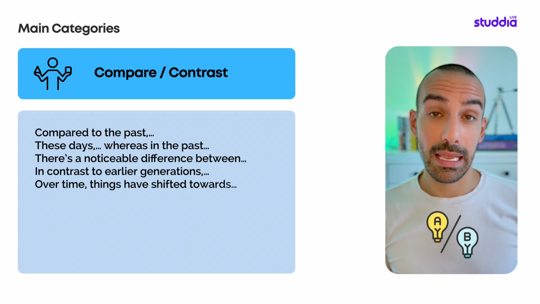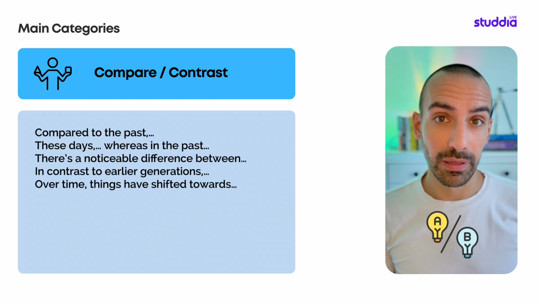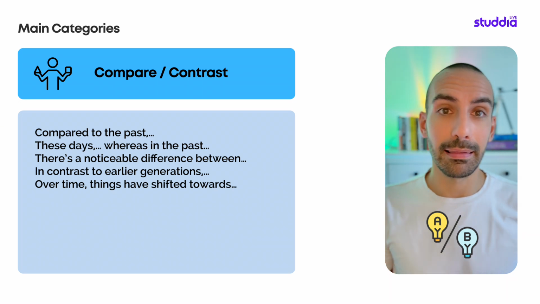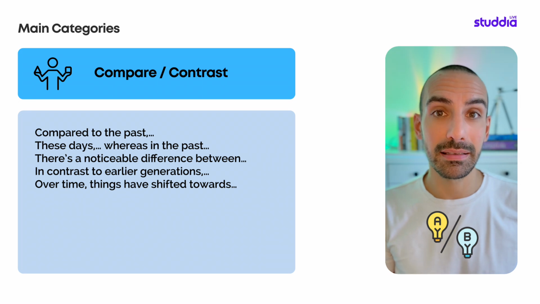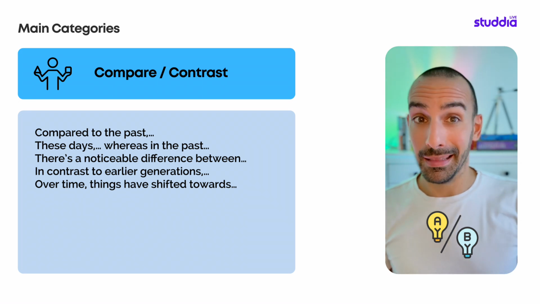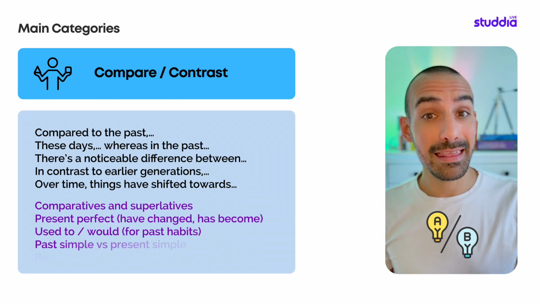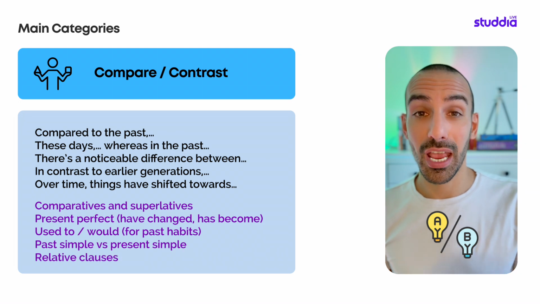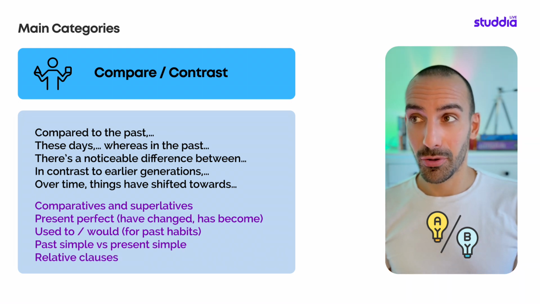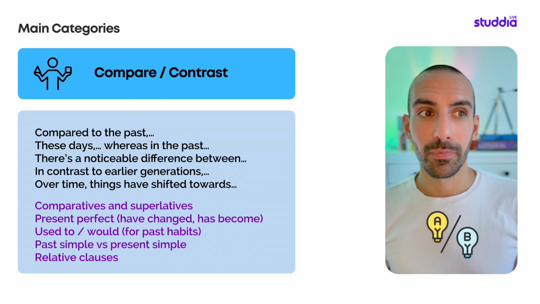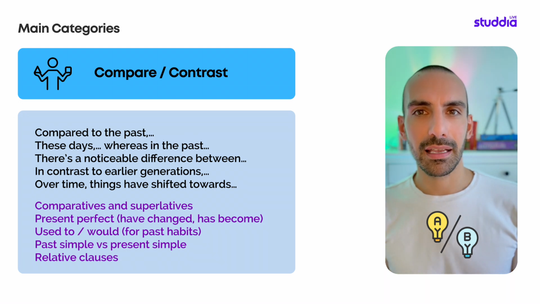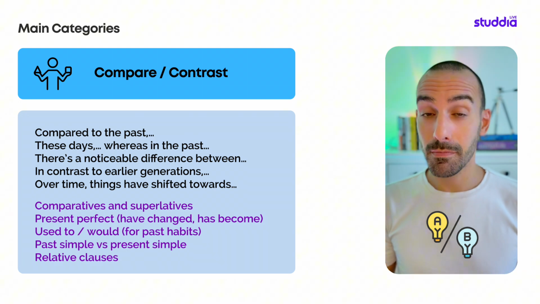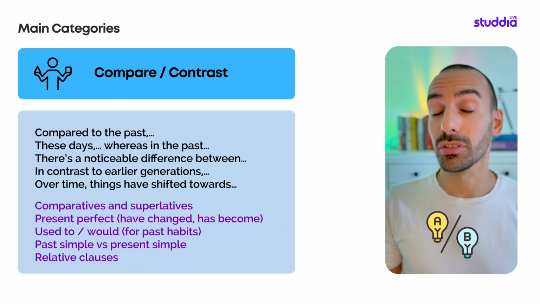These questions are great for using comparative language, like more than, less than, the same as, but also narrative tenses and the present perfect to show change over time. So you might say, compared to the past, education now has become much more technology driven.